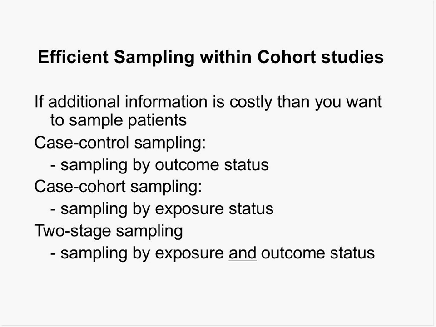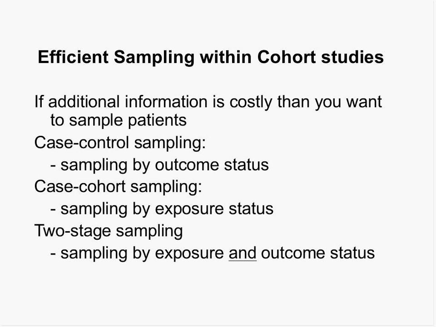And that you want to do in an efficient way. That brings back, of course, the sampling strategies within a cohort study. Now it becomes more costly to collect information, time-consuming, and you want to maximize the gain from the investment.